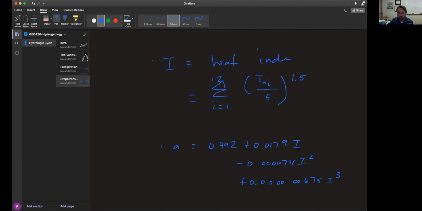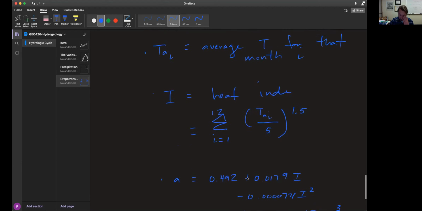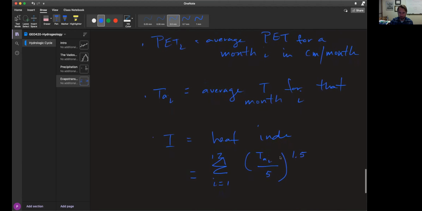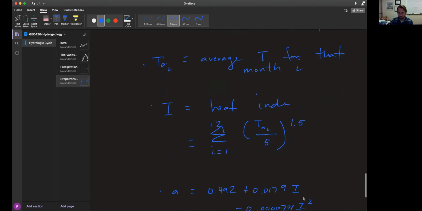All right, anytime you see this kind of equation where you got something that's raised to the first, second, third power, and the plus and minus alternates, it's an empirical equation. That means it's just based upon a bunch of data, and they figured out how to relate, say, PET to the average temperature using this empirical formula.